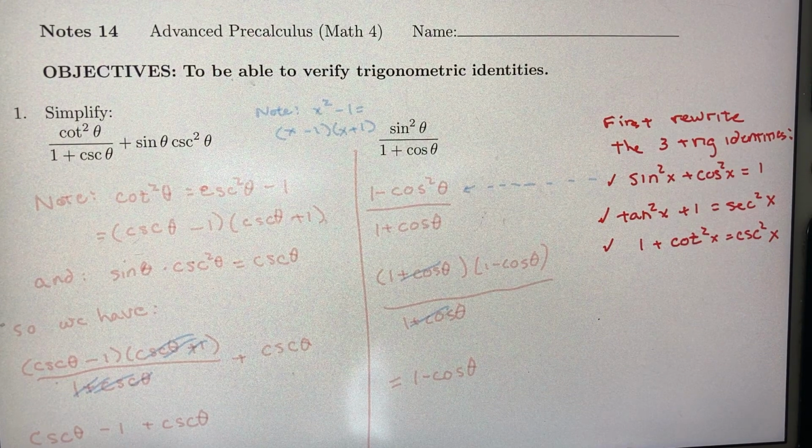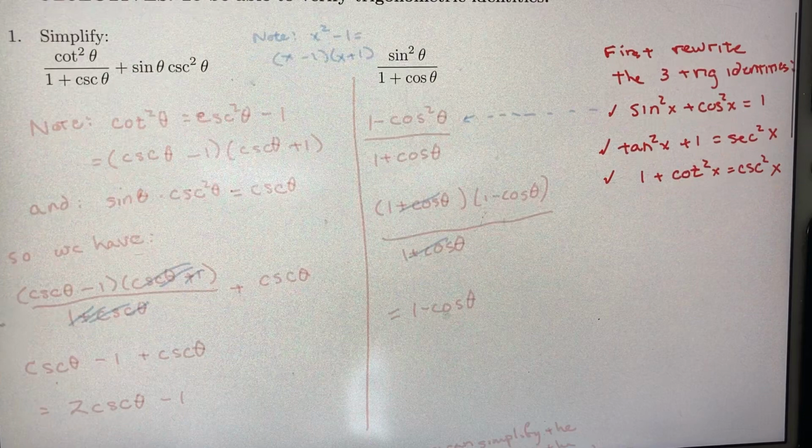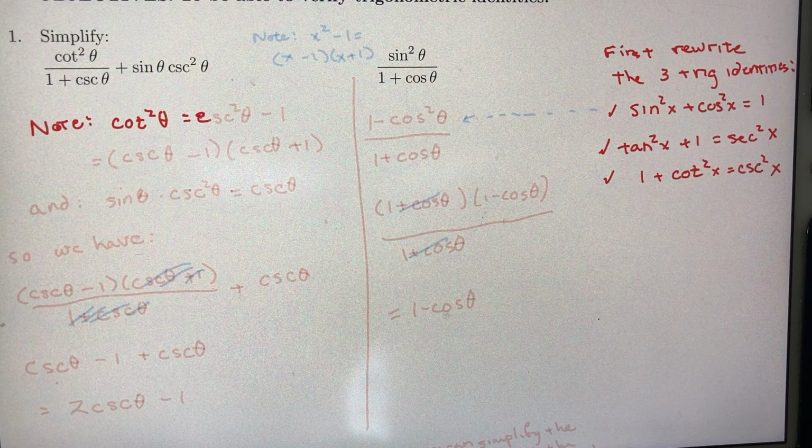So notice, for instance, if you have sine squared plus cosine squared is 1, then if you move sine squared to the other side, cosine squared is 1 minus sine squared, and so forth. Cotangent squared, moving the 1 to the other side on the third identity, is cosecant squared minus 1, which is a difference of squares.